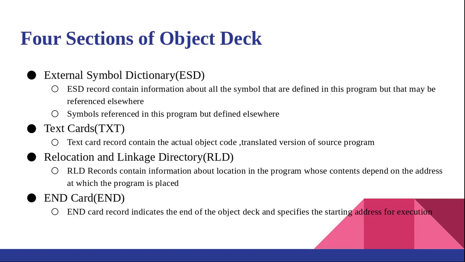As I mentioned in the previous slide, suppose in our program we are assigning the address of an instruction as a constant value to another symbol, and this particular absolute address of that instruction won't be known until the loading time. So the information about such locations has to be contained in the RLD card.